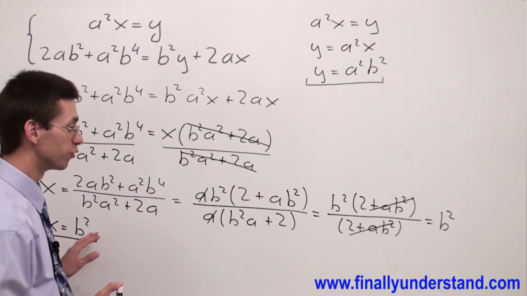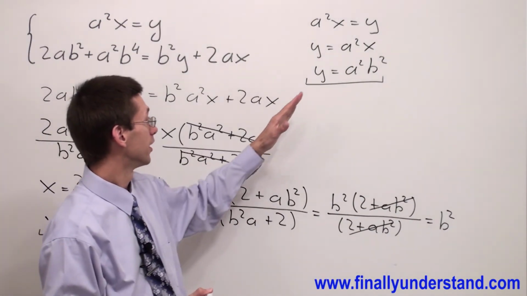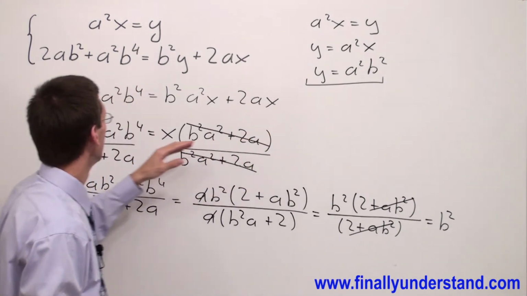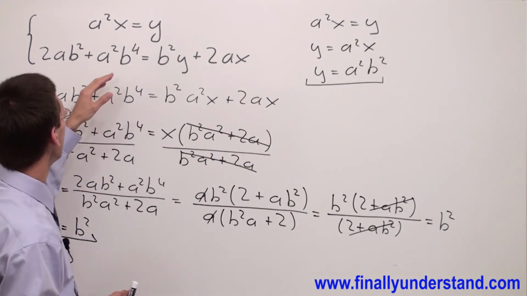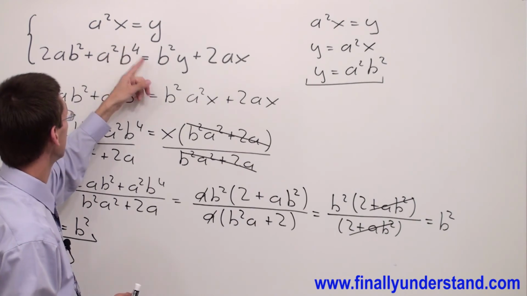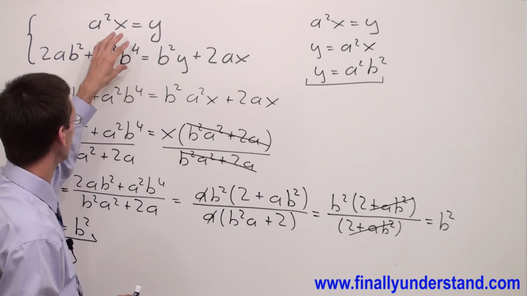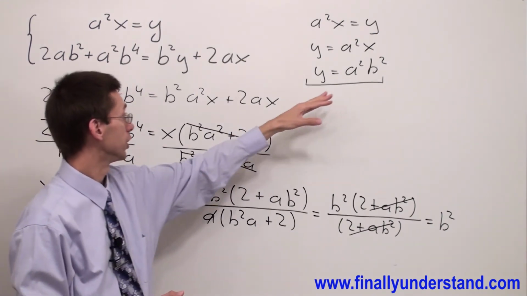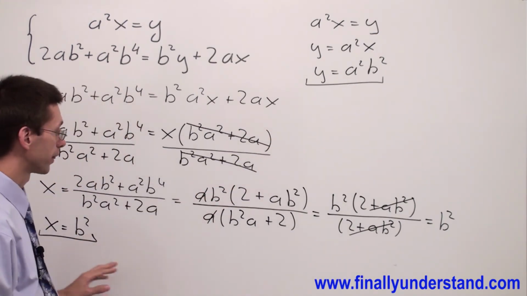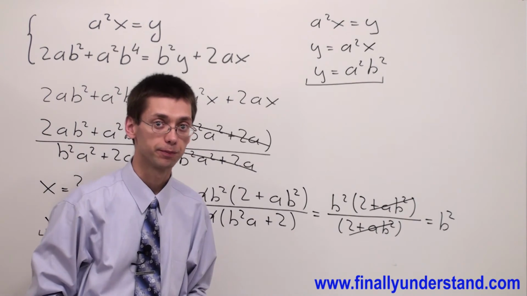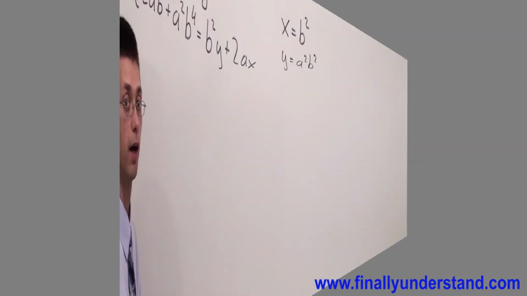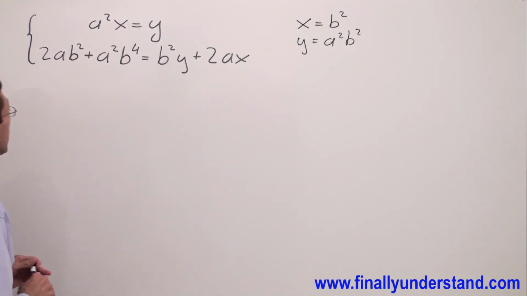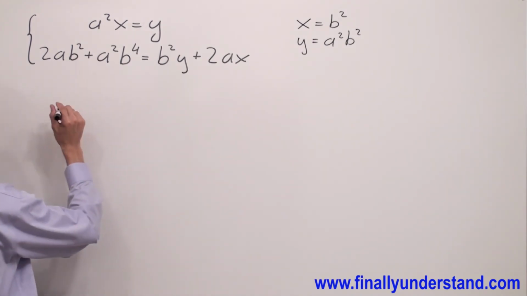Now, in order to verify that our answers are correct, we're supposed to simply substitute every x in our original equations and every y by these terms. Okay? So let's verify it. Now we are ready to verify if our answers are correct. So copy down the first equation.